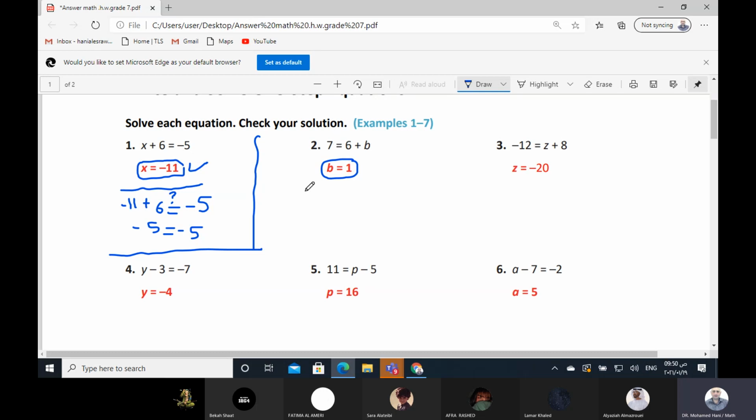Is it 7 equals 6 plus the value of b, which is 1? Yes, 7 equals 7. This is true, and this is the right solution.